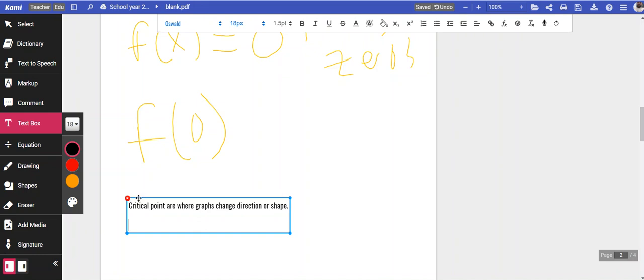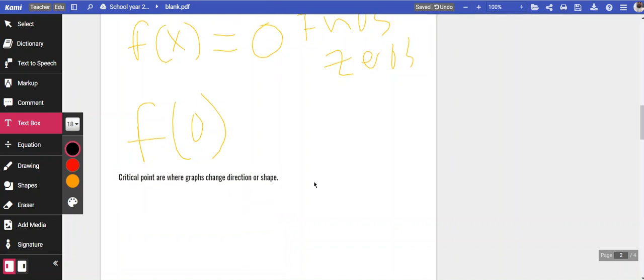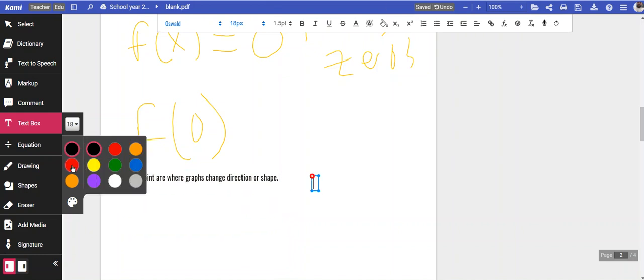Some vocab that comes up: there's something they call extrema. Sounds super fancy, but they call it extrema. Extrema are points where the graph changes direction.